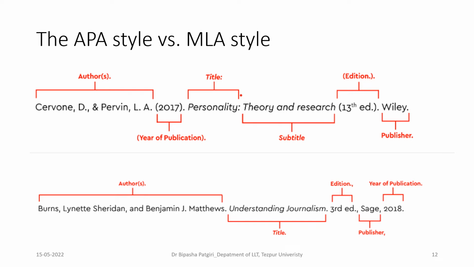Instead, it is written in shorthand, with only the first initial mentioned, and you are free to use the symbol for 'and', while in MLA style you have to write the word itself. In APA style, the year of publication appears just next to the author's name, whereas in MLA style it appears at the end, 2018 here, and without any brackets. But in APA style, it is within brackets.